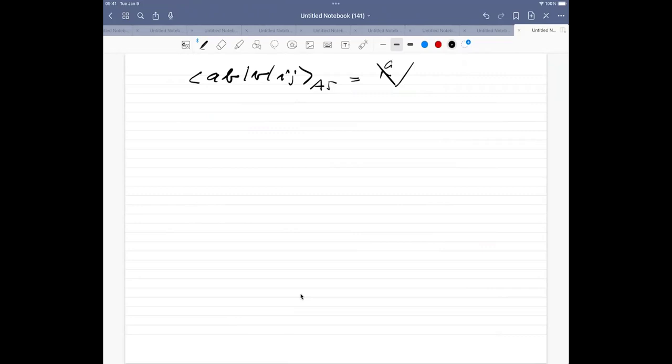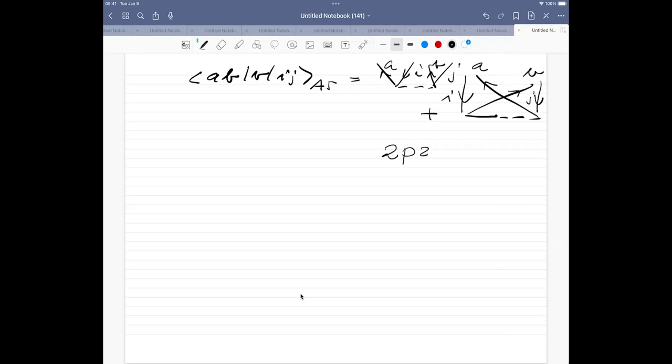So I have A and B outgoing, I and J incoming, and then I have the exchange term, plus, and then I have the particle states like this, A, B, and then my hole states, I and J. And this is what we call a two-particle, two-hole excitation.